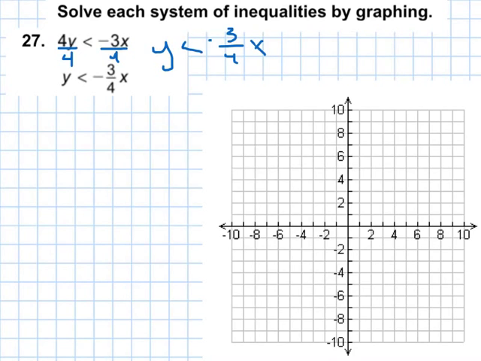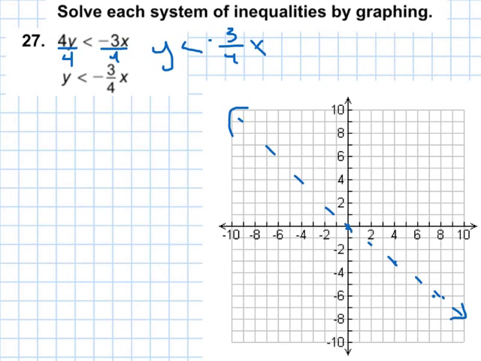So that means it's at 0. We're going to go down 1, 2, 3, and right 1, 2, 3, 4. Sorry about that. Then you draw a line through. Now remember, if it's or equal to, it'll be a solid line. Since we're doing less than, we're going to do a dashed line.